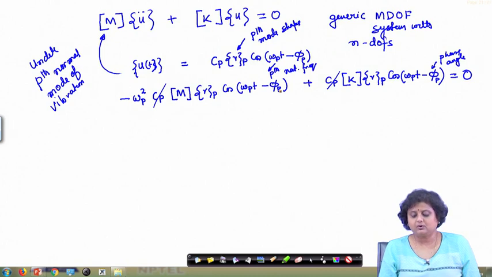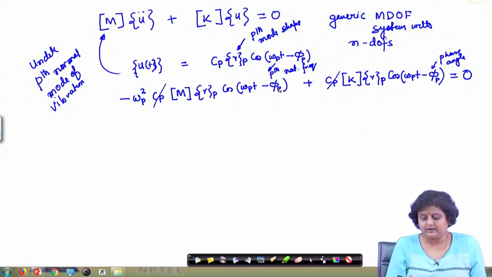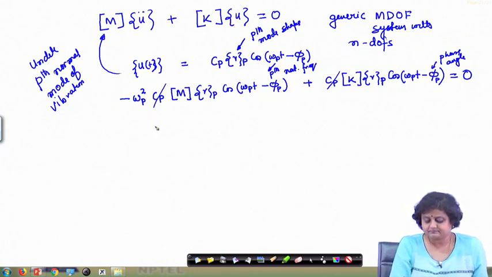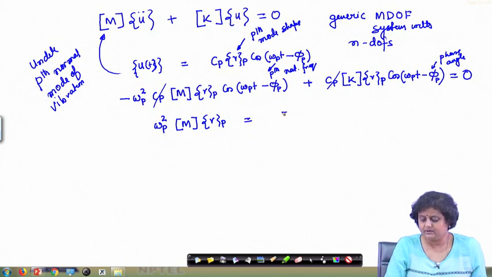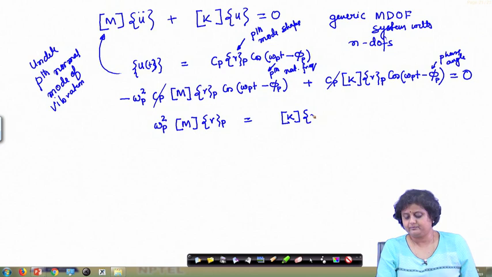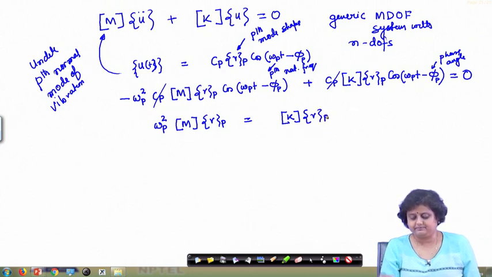Now, cos(omega p t) cannot be equal to 0 for all t. Therefore, we can write omega p square into m into Rp is going to be equal to k into Rp.